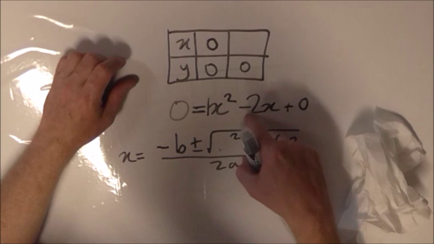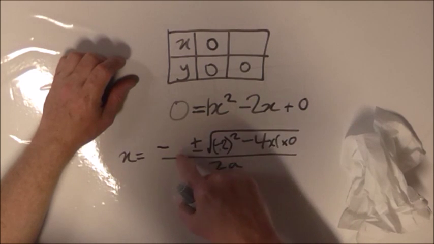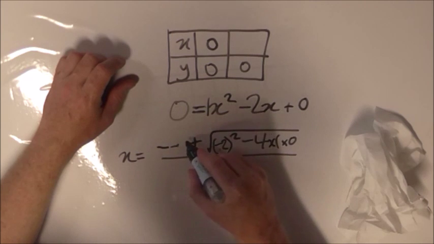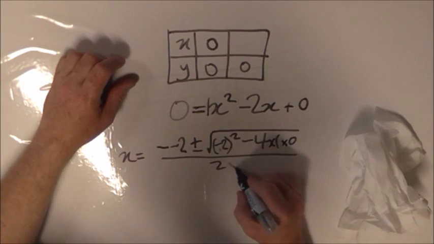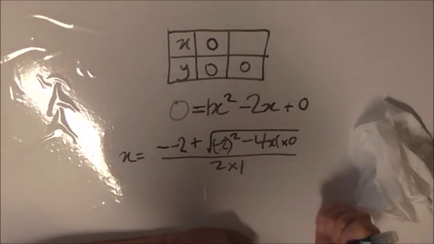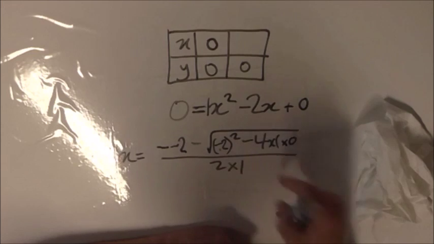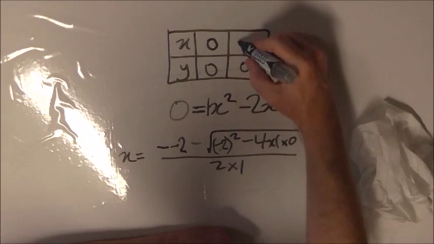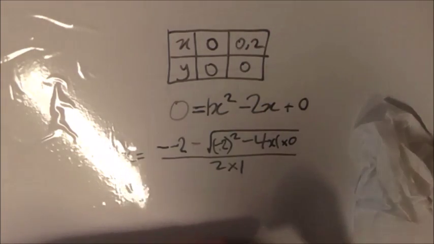See how b has 1 character but negative 2 has 2 characters, hence the snug brackets. b is negative 2, so we're going to get a double dash, one because there's a dash already there, the other dash comes from b being negative 2 rather than 2, and then finally 2 times 1 on the bottom because a is 1. Type that through a calculator, do it once with the plus, then do it again with the minus, and that'll give you 2 answers. Those 2 answers are x answers, and I think they are 0 and 2, so they go there.